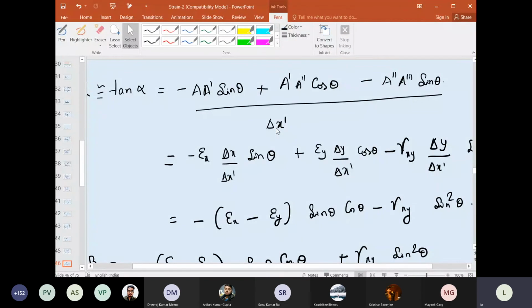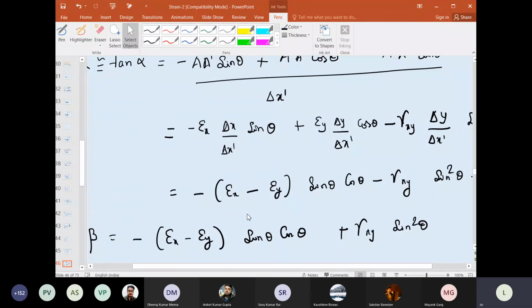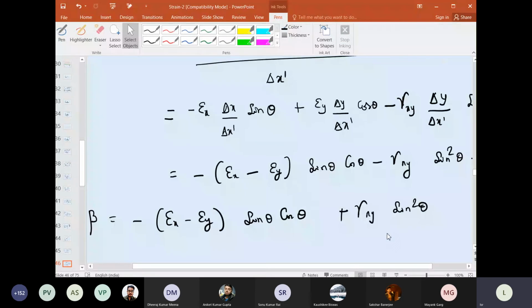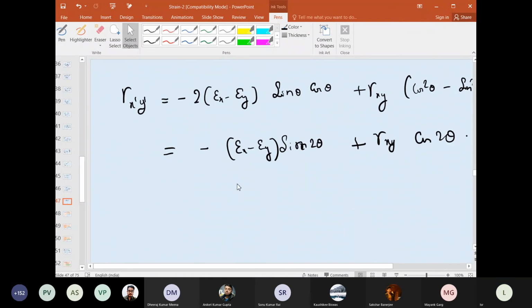You all know delta x by delta x prime is cos theta, and delta y by delta x prime is sine theta. So beta will become slightly this way, and alpha plus beta will become epsilon x minus epsilon y sine 2 theta, gamma xy cos 2 theta.